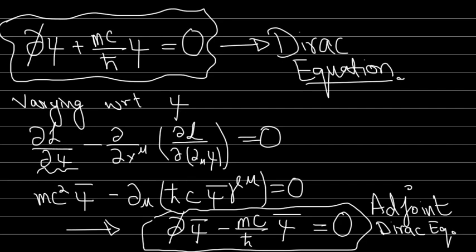We will in the next video also see that we can satisfy all these equations that we have. In fact, the Dirac equation and the adjoint Dirac equation are going to satisfy the Klein-Gordon equation, right? And in the next video we will see why that is so. Why do they satisfy the Klein-Gordon equation?